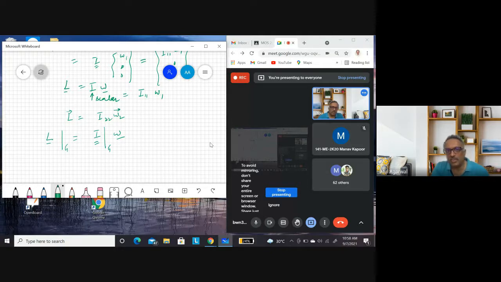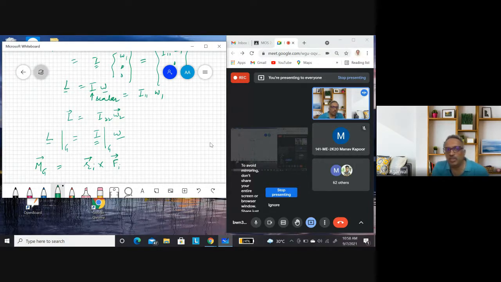So we get this, and then we also had found the moment of the forces applied to this rigid body. Find all the forces on the body, take their moments about the centroid. So these are the forces acting on the body at position i.